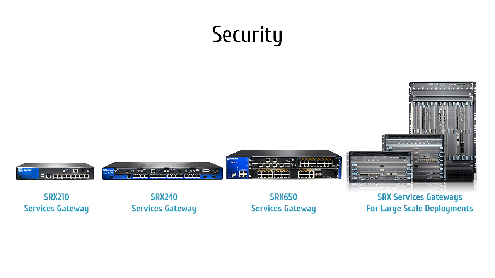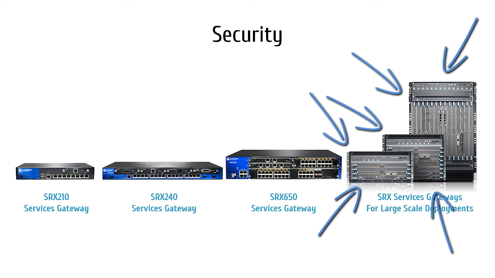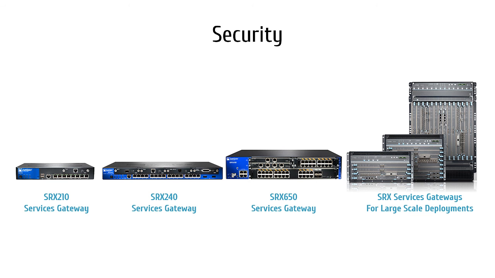The SRX line is really a pretty large line. You have small branch office devices like the SRX100 and the SRX210, all the way up to the SRX5800 powerhouse with a fully modular chassis system and 9 different models in between to pretty much fit any environment. These are very popular Juniper devices, and you are likely to deal with these devices quite a bit if you spend much time working with Juniper equipment. This platform is discussed in greater detail in a later course. But also note that the Juniper security certification track is also based around the SRX platform.